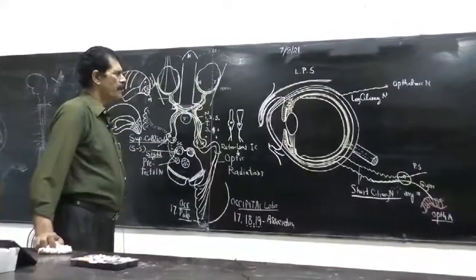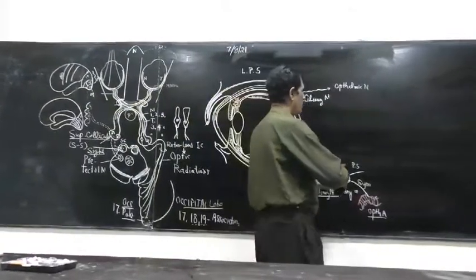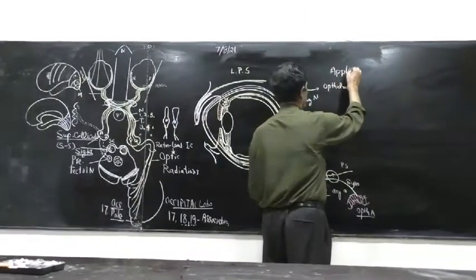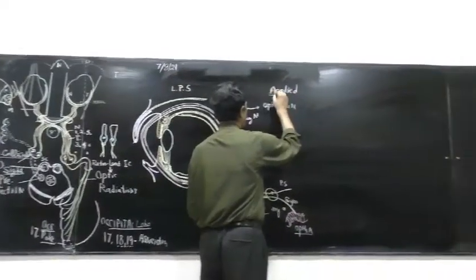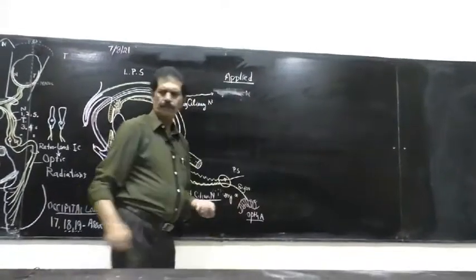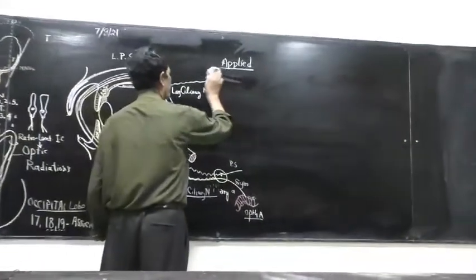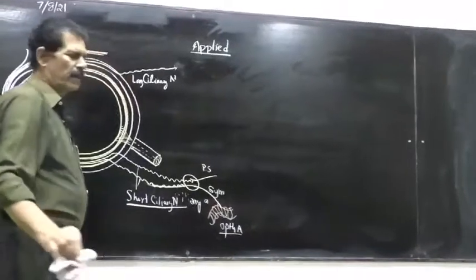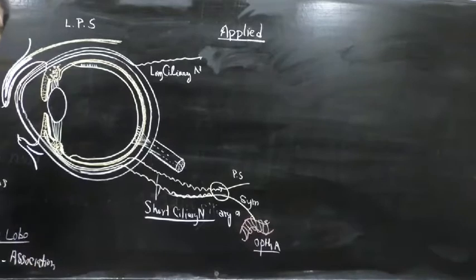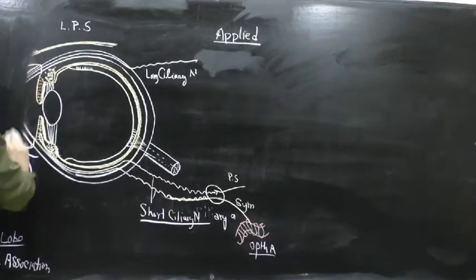Now comes the applied aspect of the visual pathway. In the applied aspect, first comes where the injury can occur and what problem comes with the patient. Whenever there is an injury at a different level, that gives a problem to the patient.